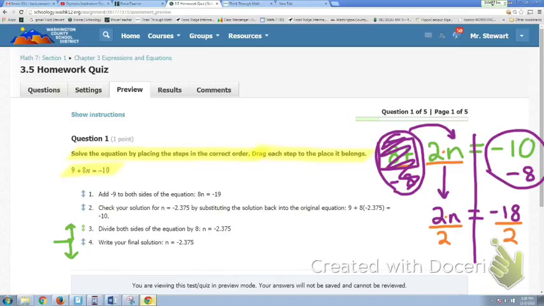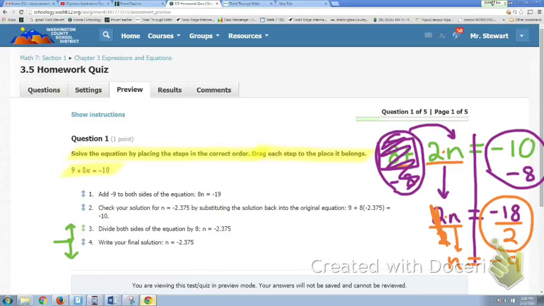This time, the multiplicative inverse cancels out to go to 1, not to 0, and that's the difference between multiplicative and additive inverses. So 2 divided by 2 goes to 1, which means that 1n is isolated. That means n is all by itself. And n is equal to whatever negative 18 divided by 2 is, which is negative 9.